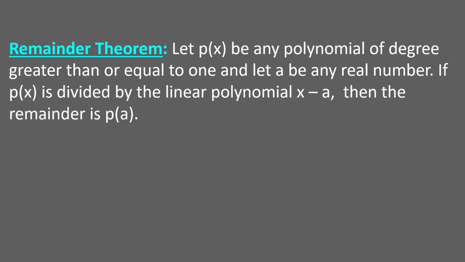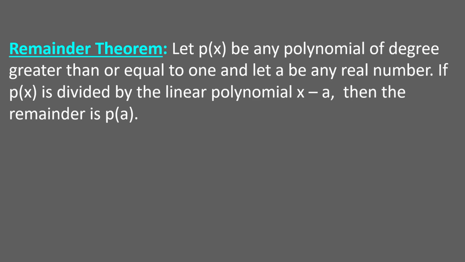What this means is, instead of doing long division, we simply replace x with a in the polynomial. The value we get after replacing x with a is called the remainder. In simple words, if the divisor is x minus a, then the remainder is found by calculating p of a.